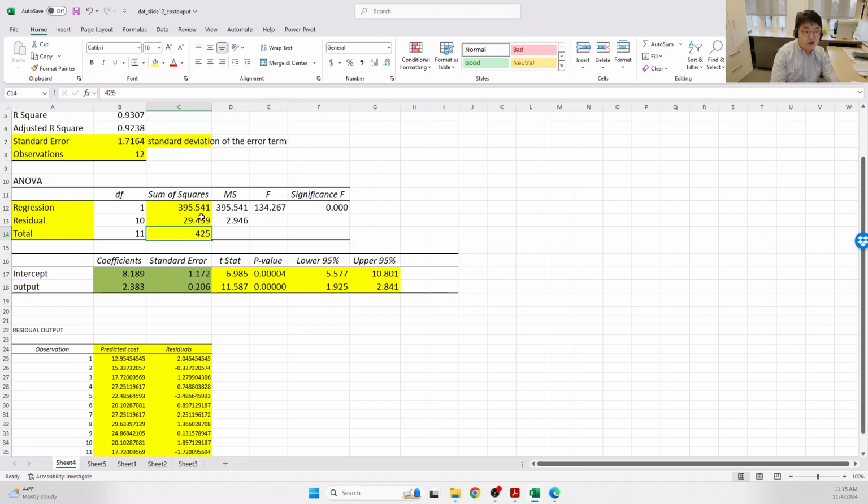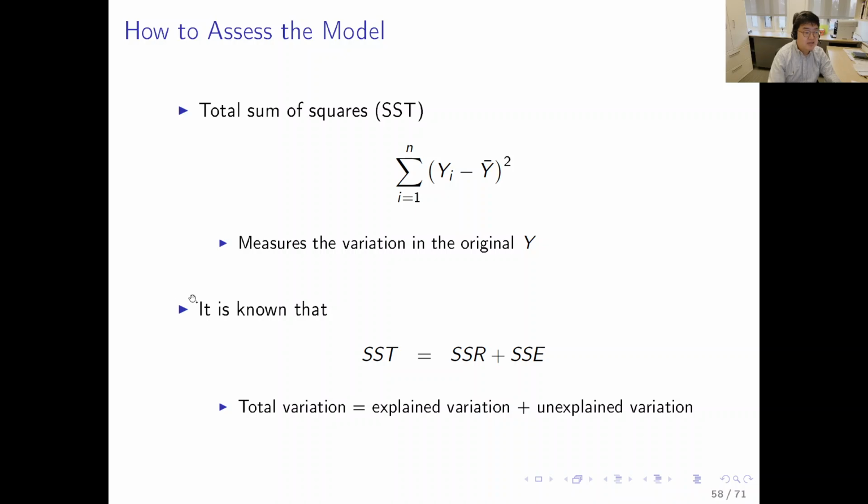But out of this much variation, you failed to explain 29, but you could explain 395. So we calculated three variations. What's interesting here is that the total variation is the sum of explained variation plus unexplained variation. Your data has certain variation. Then your regression model could explain a certain portion of that, and the other portion is not explained. So it's a perfect, clear decomposition of the variation in your data.